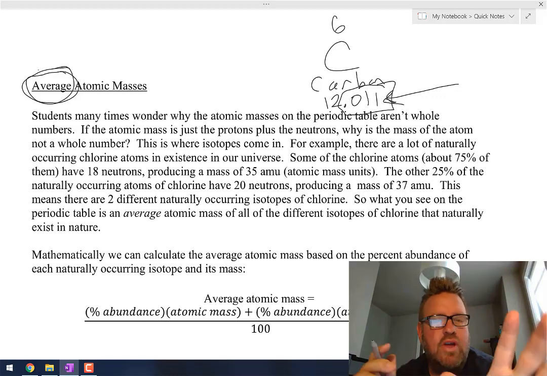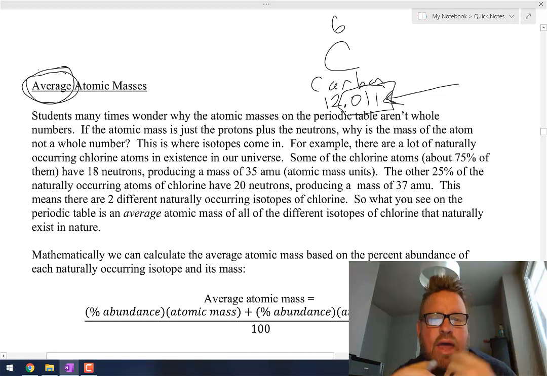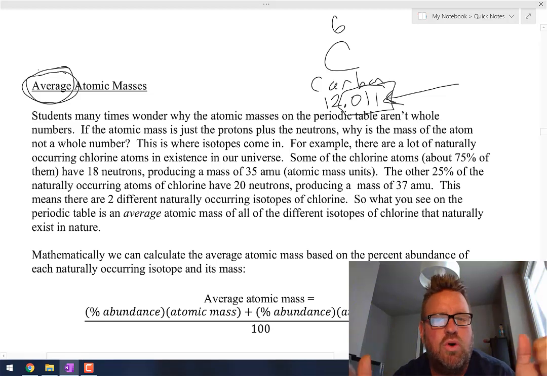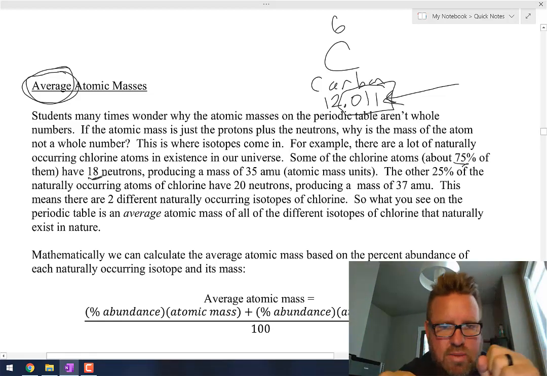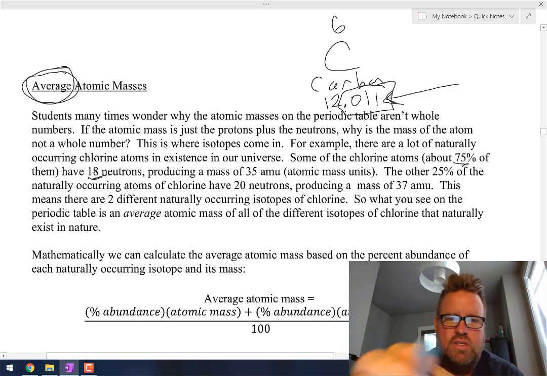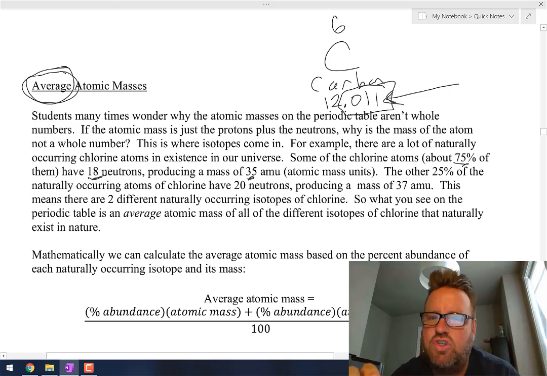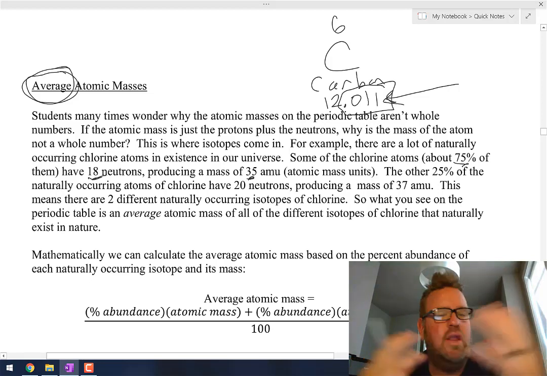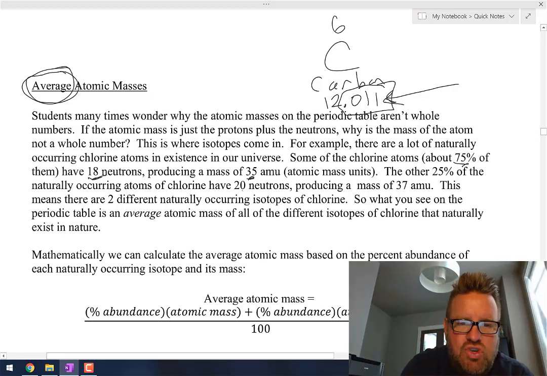Okay, a good example of this is chlorine. Chlorine is a gas, and some of the chlorine atoms that just naturally exist in our world, about 75% of them, have 18 neutrons in them. Well, 17 protons, 18 neutrons gives you a mass of 35. But about 25% of, again, just naturally occurring atoms of chlorine actually have 20 neutrons.